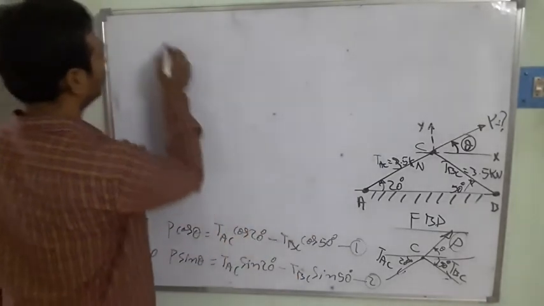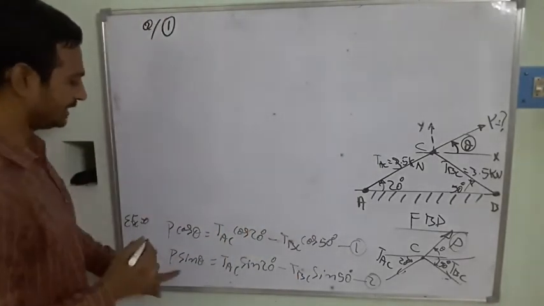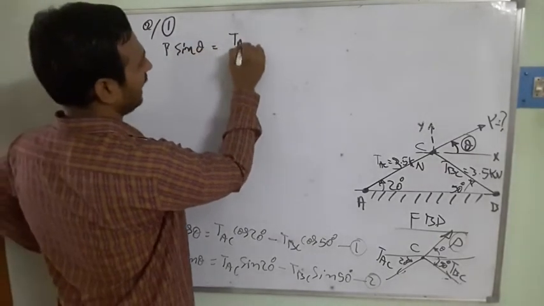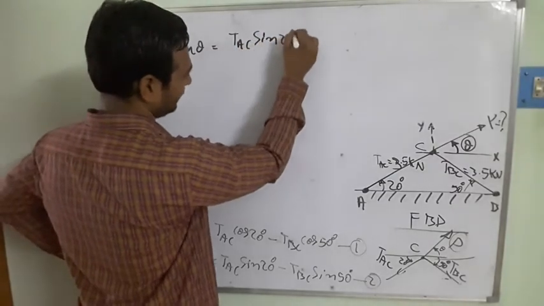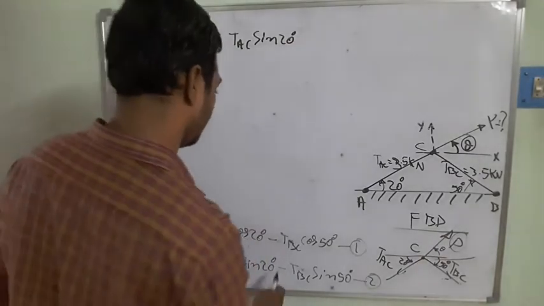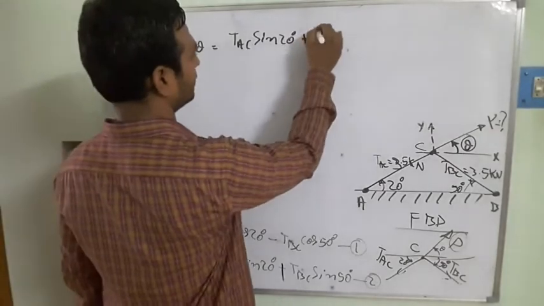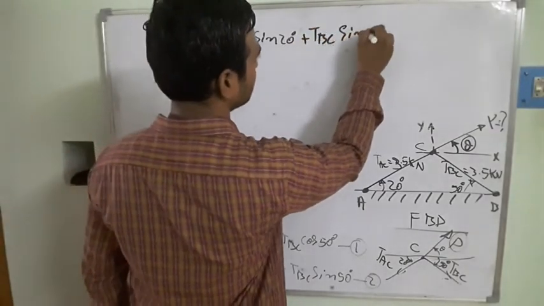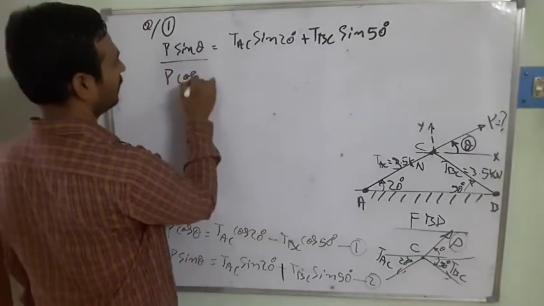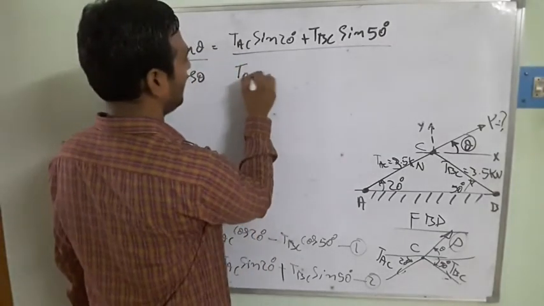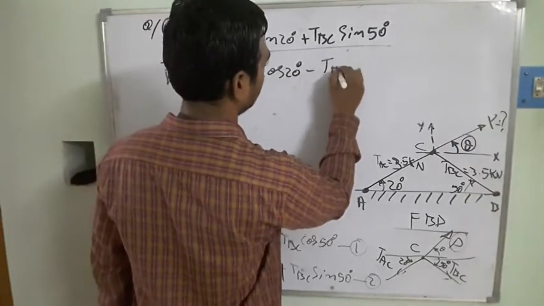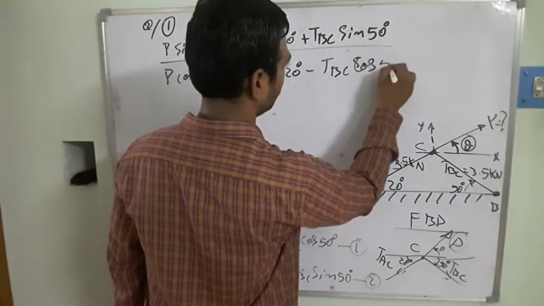In this case, P sin theta is equal to TAC sin 20 degrees plus TBC sin 50 degrees, divided by equation 1, that is P cos theta is equal to TAC cos 20 degrees minus TBC cos 50 degrees.